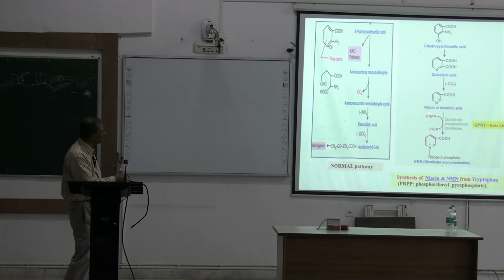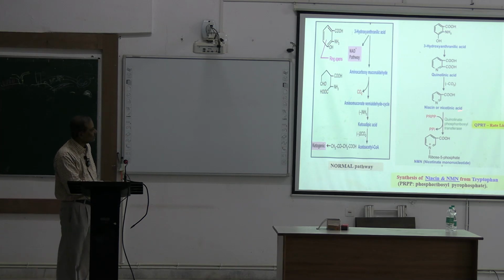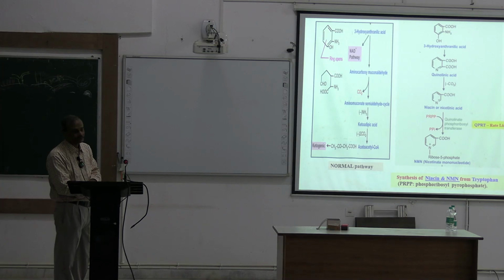So this major pathway is producing acetoacetyl-CoA, and now from 3-hydroxyanthranilic acid, there is one pathway which is producing niacin, that is a vitamin or nicotinic acid, and then nicotinic acid mononucleotide, and from the mononucleotide to the dinucleotide. Okay. So QRPT, you note this down as the rate limiting step. An MCQ is likely from this part: the QRPT enzyme is the rate limiting step of tryptophan metabolism.